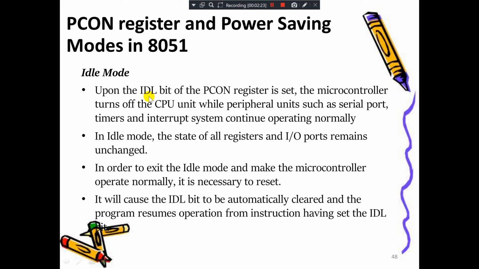In idle mode, when the IDL bit of the PCON register is set, that means it is set to 1, the microcontroller turns off the CPU while the peripheral units such as serial ports, timers and the interrupt system continue operating normally.